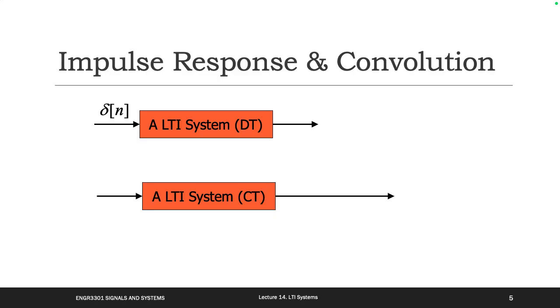And then if a DT unit impulse function goes through a LTI system, a DT LTI system, and the output is h[n], we define it as the impulse response, which means this function's name is impulse response.